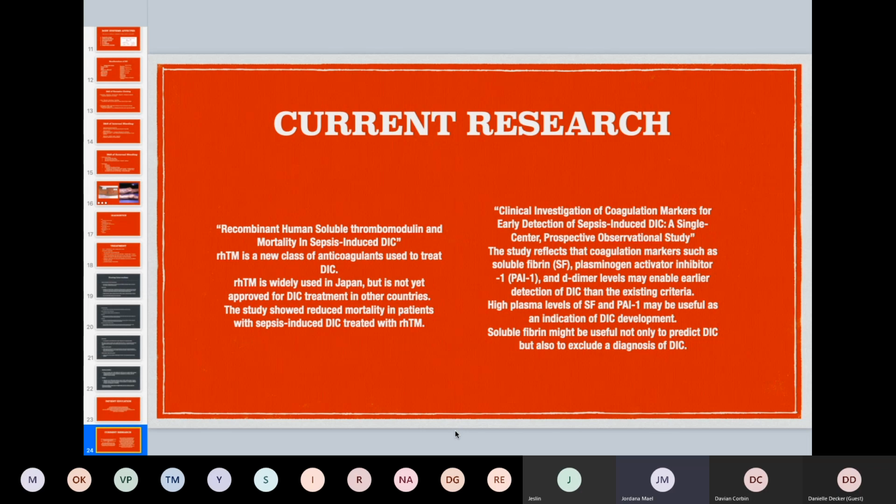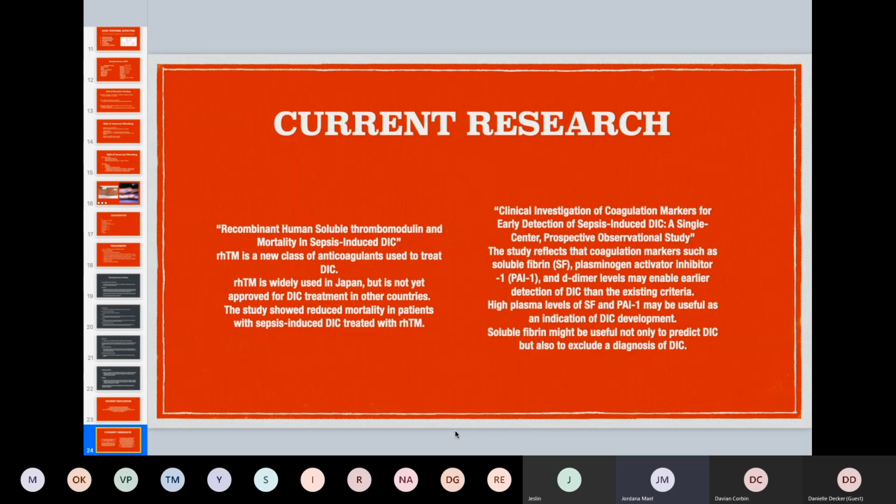And then the clinical investigation of coagulation markers for early detection of sepsis-induced DIC, a single center prospective observational study. They studied coagulation markers such as soluble fibrin, plasminogen activator inhibitor, and D-dimer levels that could potentially enable earlier detection of DIC than the existing criteria.